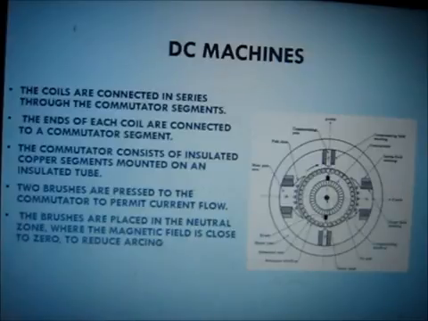The coils are connected in series through the commutator segments. The ends of each coil are connected to the commutator segments. Two brushes are pressed to the commutator to permit the flow of current. The brushes are placed in a neutral zone where the magnetic field is close to zero, and this reduces the arcing. This is the basic construction of the DC machine.